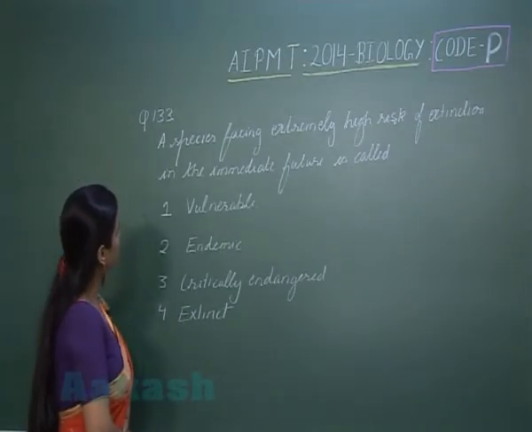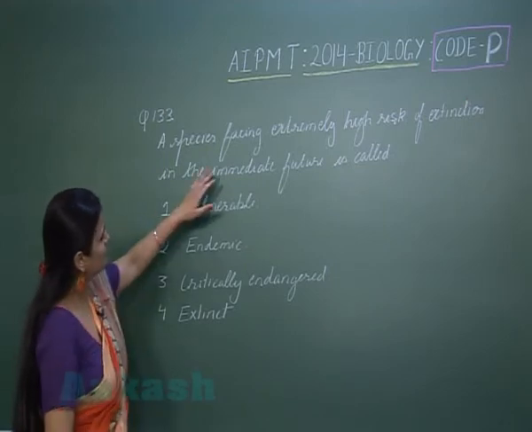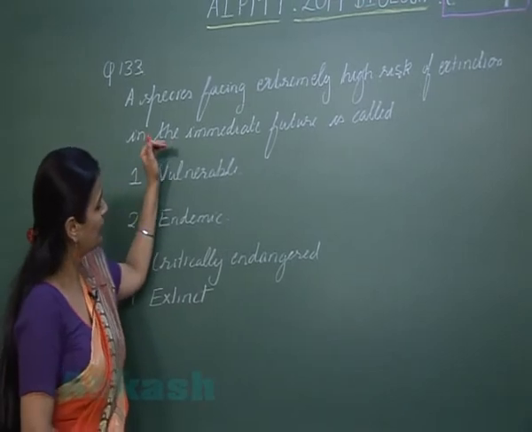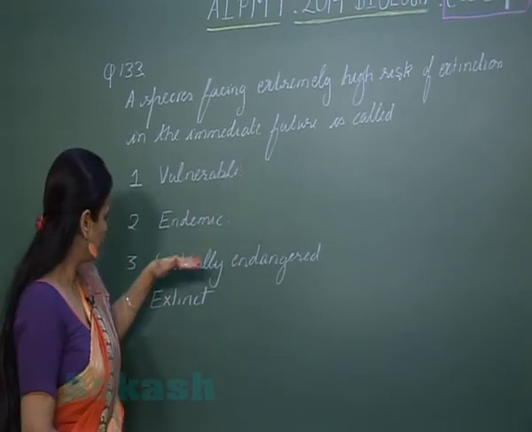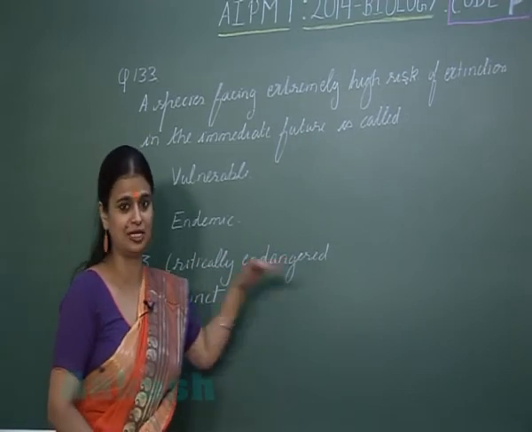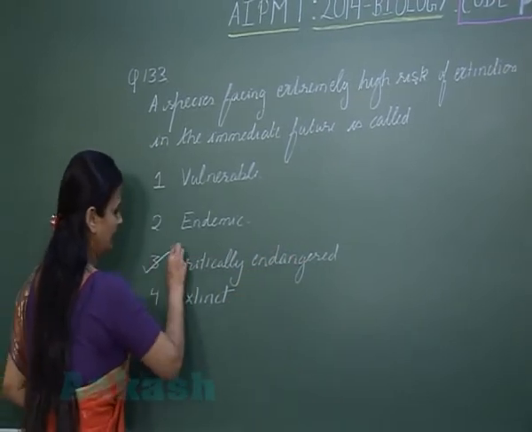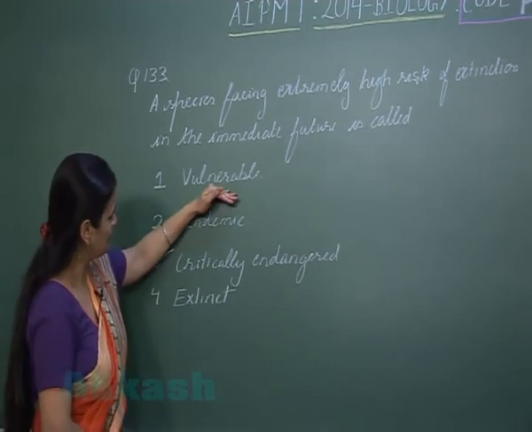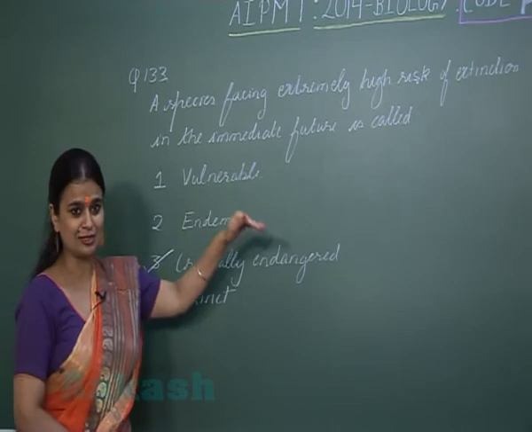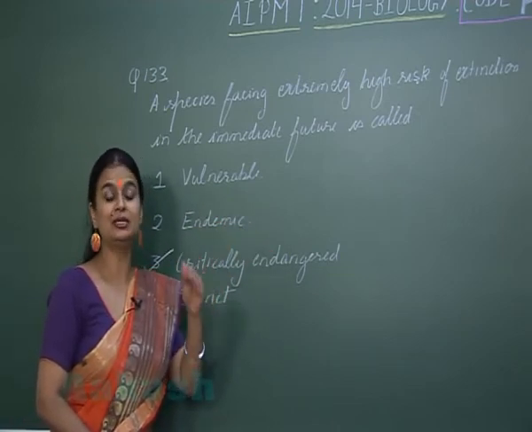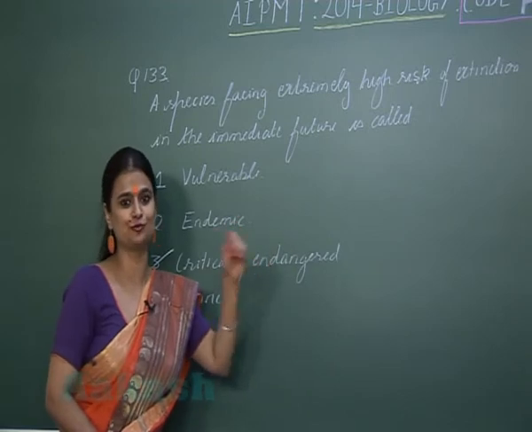Question 133. If a species is facing an extremely high risk of extinction in the immediate future, then you call that taxon or species critically endangered. We can also see the rest of the options. Vulnerable is a taxon facing risk of extinction in the medium term future.